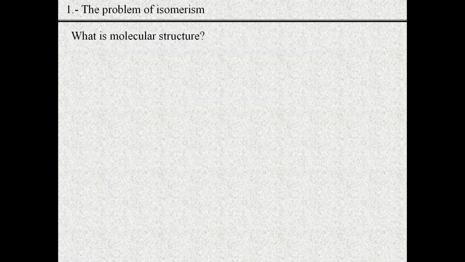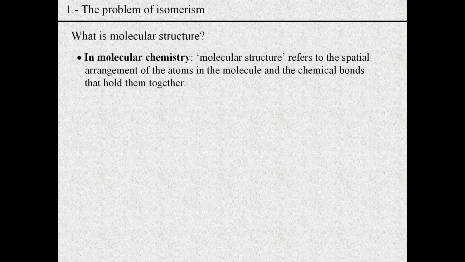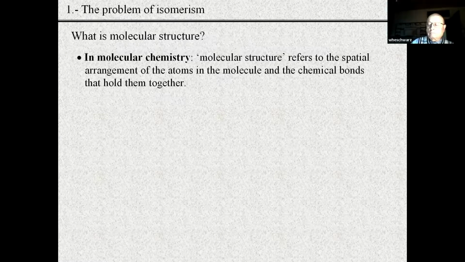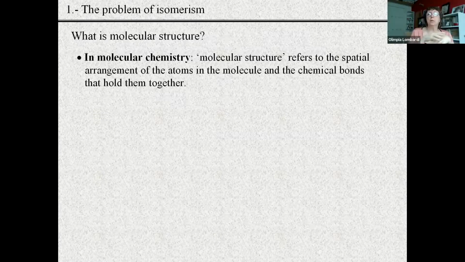There are at least three different concepts of molecular structure. In molecular chemistry, it refers to the spatial arrangement of the atoms in the molecule and the chemical bonds that hold them together.